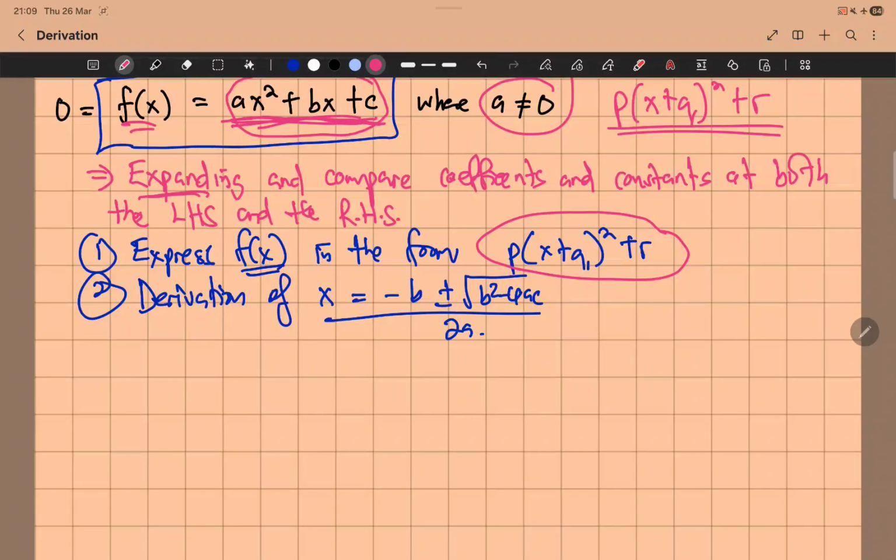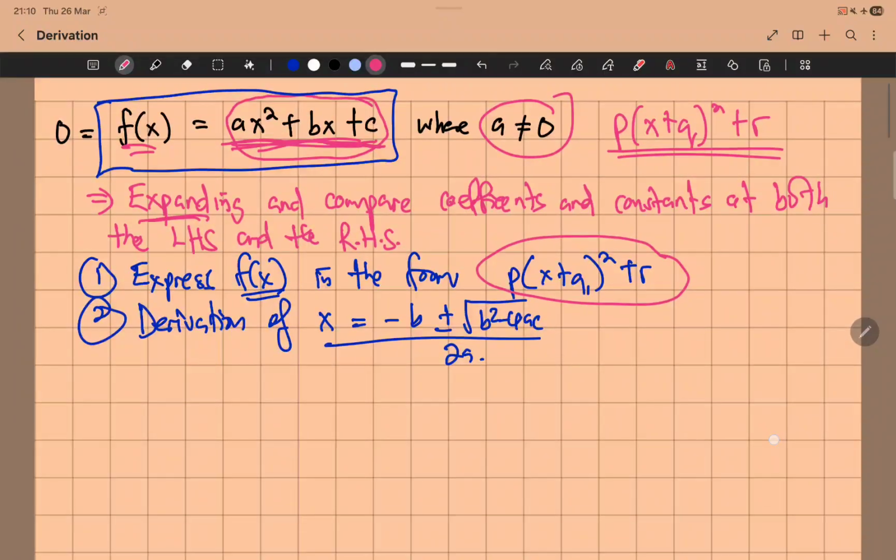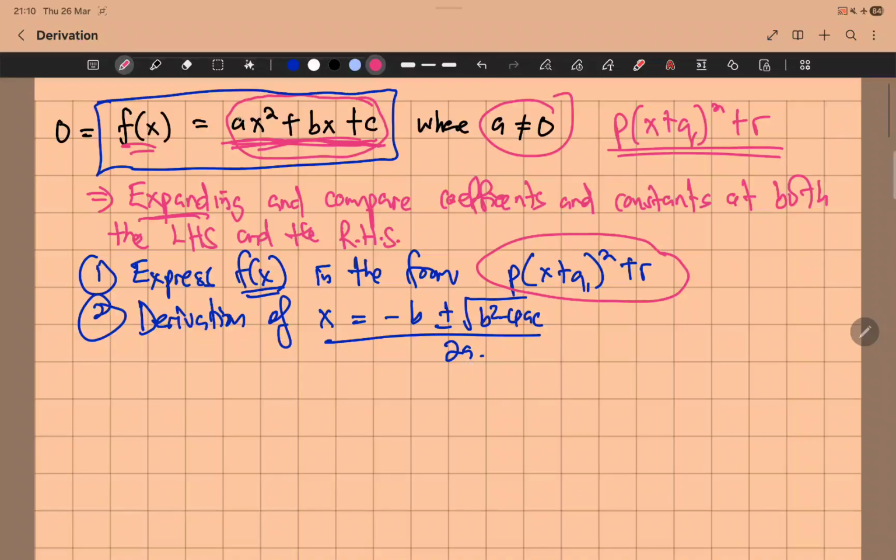Then we start comparing the coefficients of x squared, and we compare the constants. So what do we mean? Coefficients of x squared in this case, we are talking about a, coefficients of x, b, then constant c, right? So let us go.